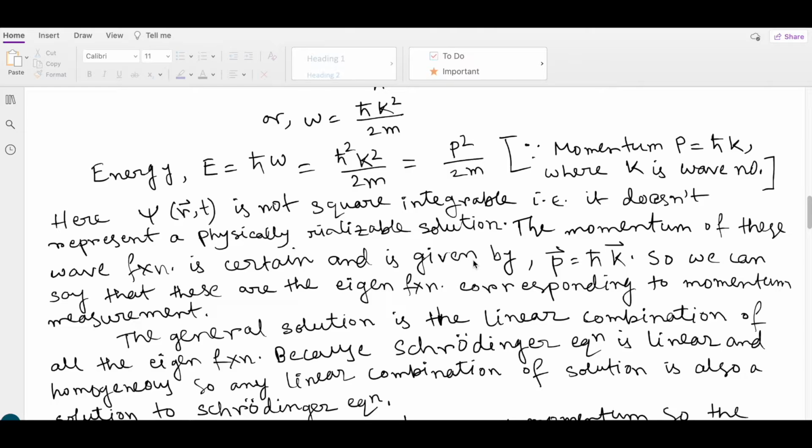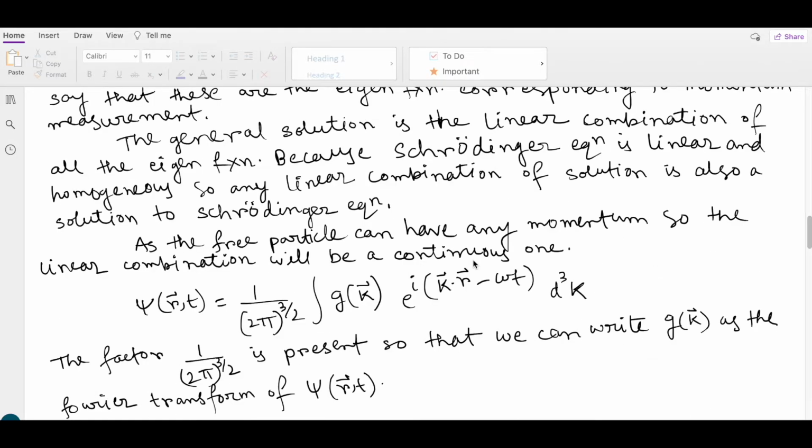The momentum of this wave function is certain and is given by p = ħk. So we can say that these are the eigenfunctions corresponding to the momentum measurement. The general solution is a linear combination of all the eigenfunctions. Because the Schrodinger equation is linear and homogeneous, any linear combination of solutions is also a solution of the Schrodinger equation.